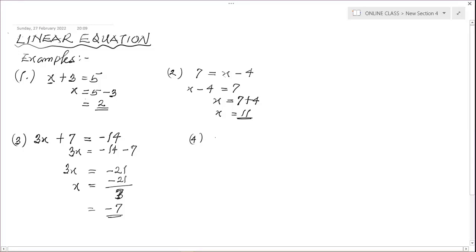Let's say we have 26 equals 5 plus 15 plus x over 2. Find x.